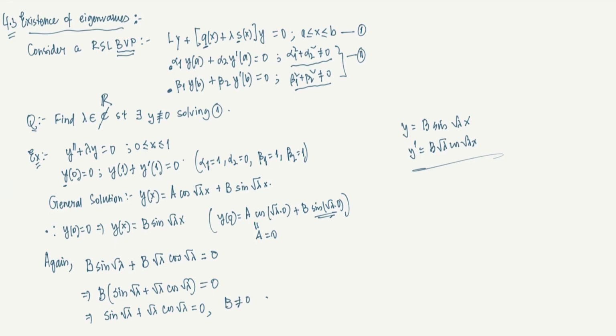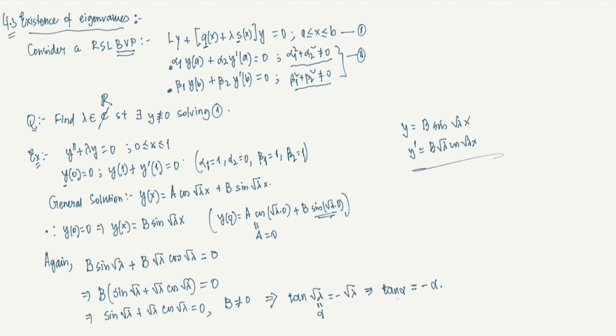Now we can rewrite this as tan of root lambda equals minus root lambda. Of course you can put it as a parameter. Let's say this is some alpha, so that gives tan of alpha equals minus alpha.